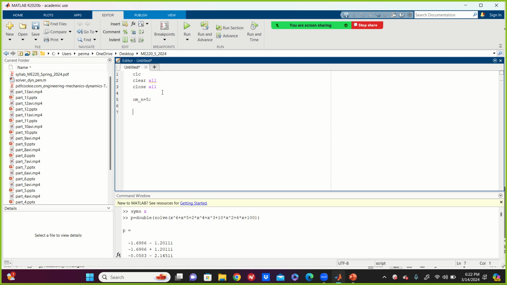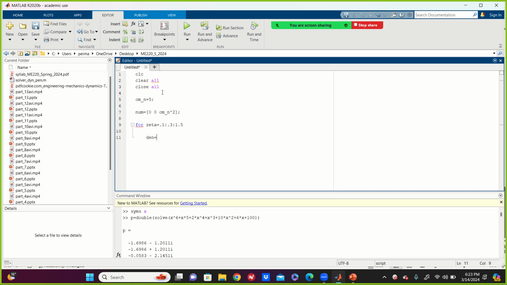So num is, the transfer function is 0, 0, omega n square, and then for zeta from 0.1 to 0.3 to an overdamped system.